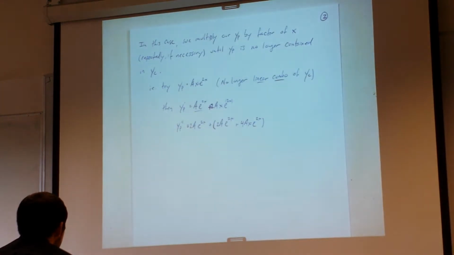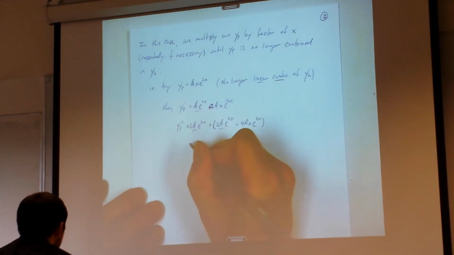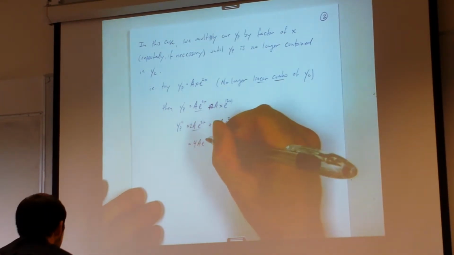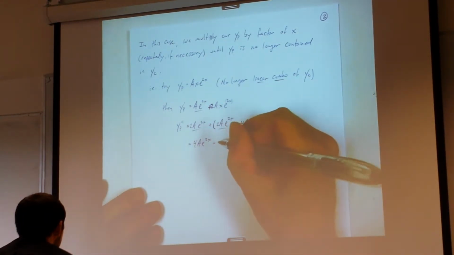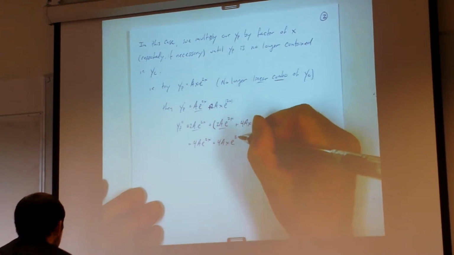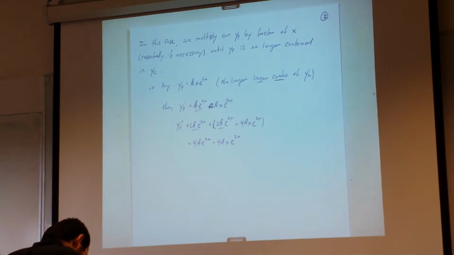Okay? We will be able to combine some of these. We're going to have 4a e to the 2x plus 4ax e to the 2x. Okay, so that's the second derivative.